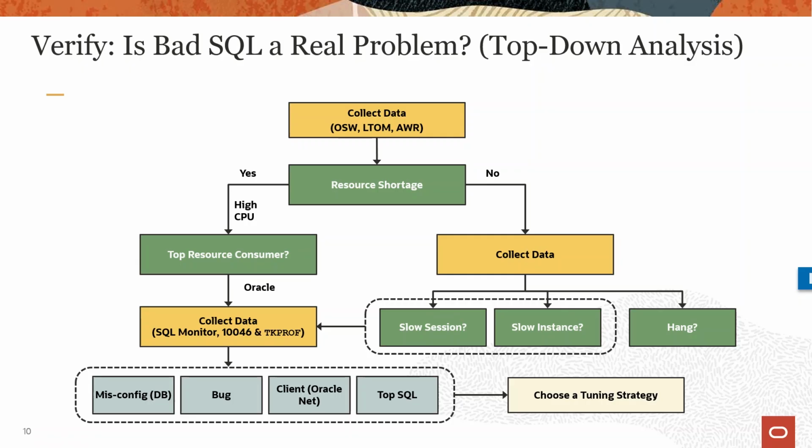You're going to use exactly the same tools like SQL monitoring or generating a 10046 trace file. You can then look into: is it a problem at the SQL level? Is it an Oracle Net issue? Is it a bug? Is it maybe a misconfiguration of the database? And based upon that collected information, you're going to choose an appropriate tuning strategy.